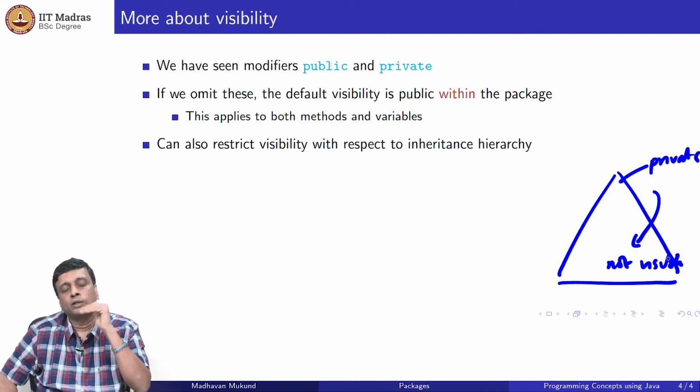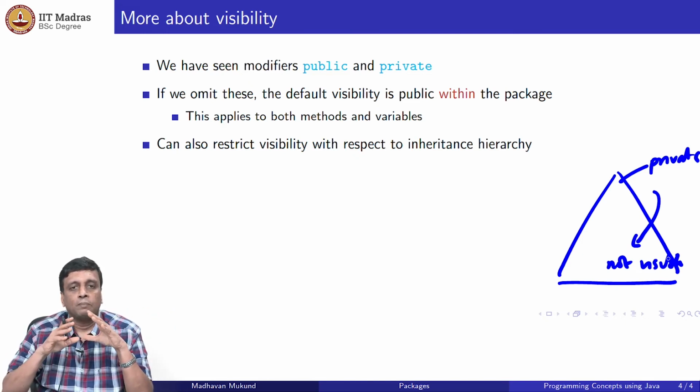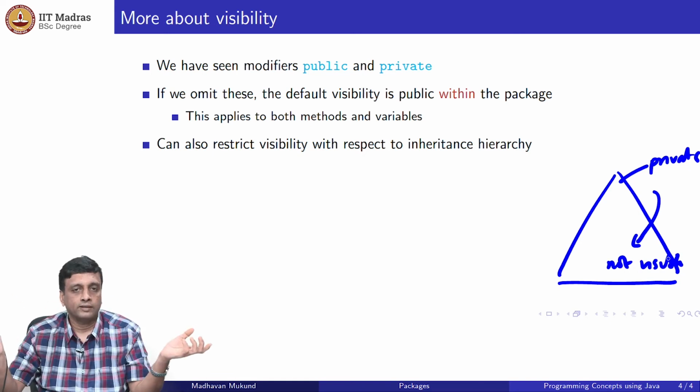It has to do it through the public interface that the employee class provides. Now, there may be situations where you trust the classes that extend it, but not all classes. So, you want something which is public within the hierarchy, but private outside the hierarchy.